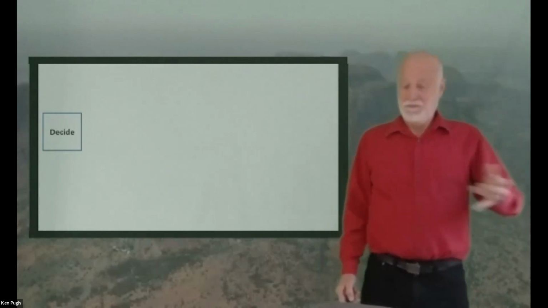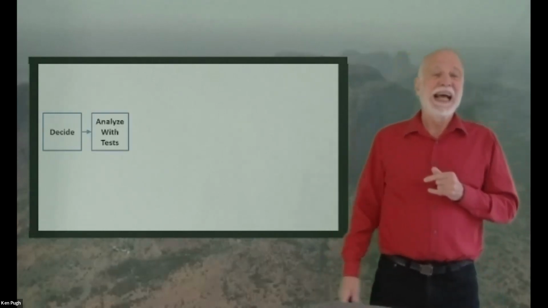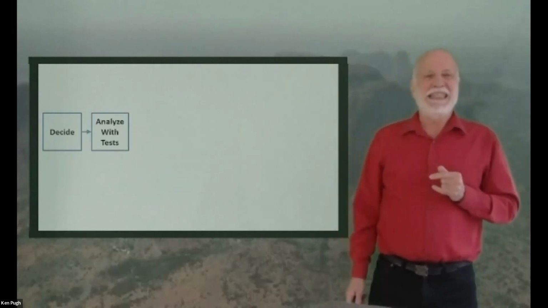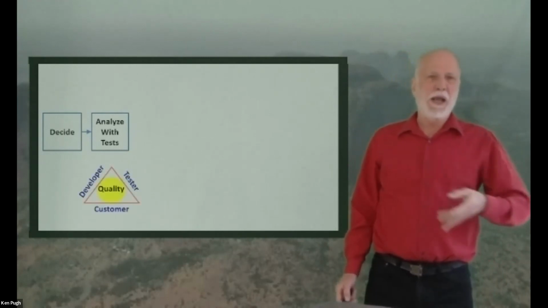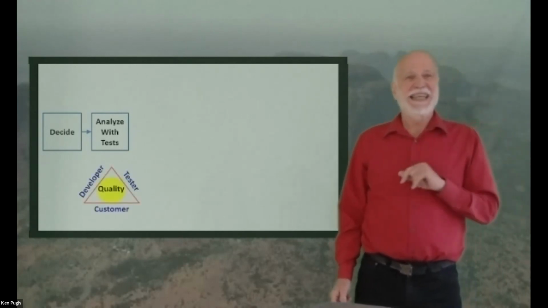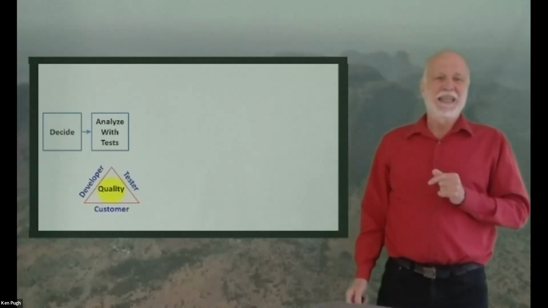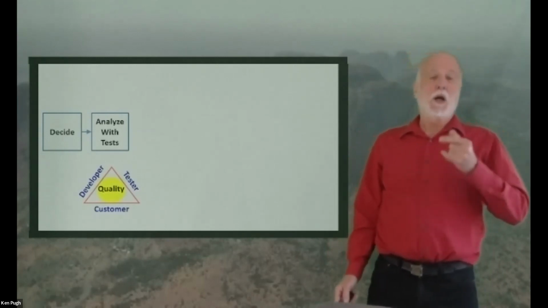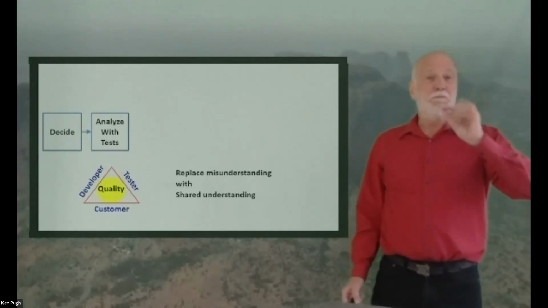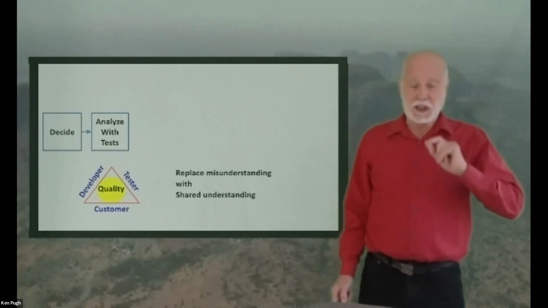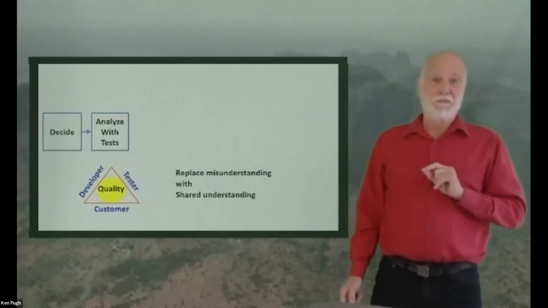Well, we decide we're going to do something. We analyze it with tests. We detail the requirements with the scenarios. And who does that? The triad. Everybody's agreeing on what it should be. We replace misunderstanding with shared understanding.